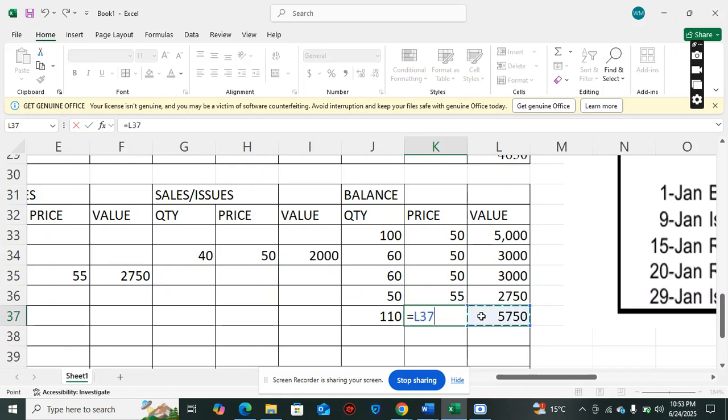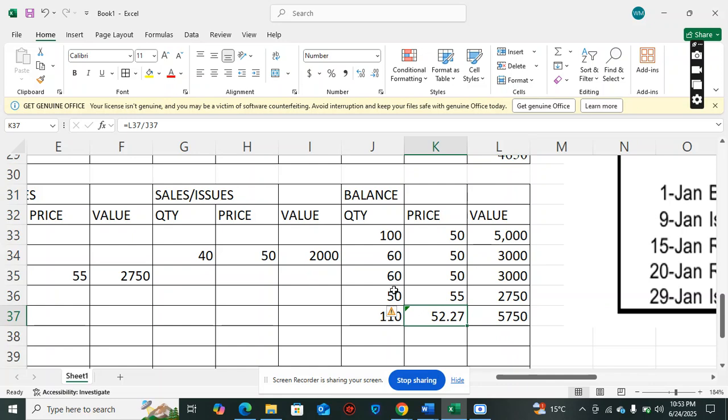The total value of the inventory, 5750, divided by 110, which gives us 52.2727. We'll just leave it to two decimal places. 52.27. This is the average cost.